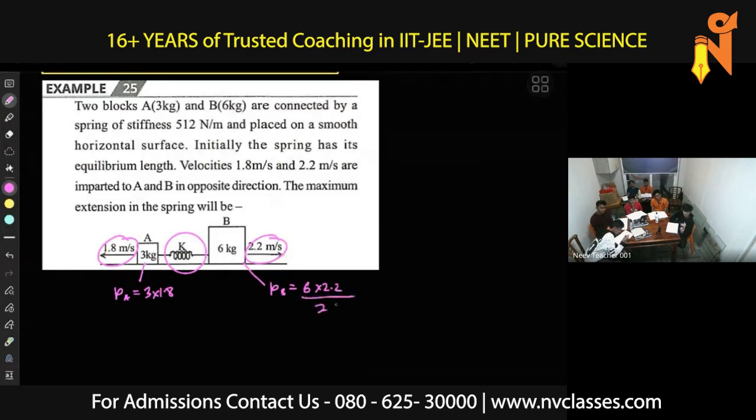Perhaps later you will be dividing by 13.2 or cancelling over here. Suppose you are dividing by 3, you will not be multiplying. You are not going to increase your own hassle. There is no joy in doing multiplication and division, so forget about that. So the momentums are 3 into 1.8 and 6 into 2.2, right?